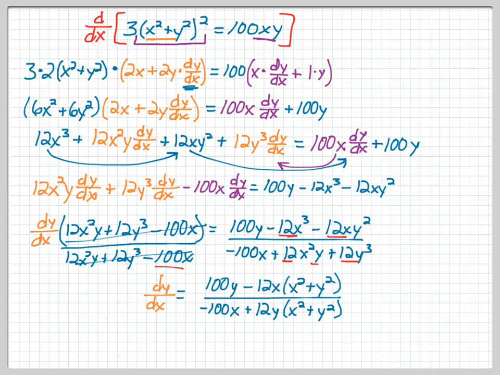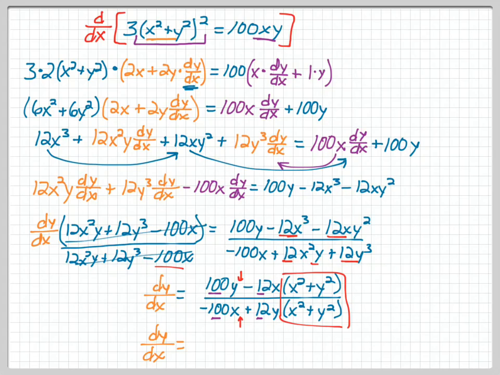Now, wouldn't it be nice if we could do some extra canceling? Look, we've got two things here that are the same in the numerator and the denominator. But remember that this isn't a factor of both parts in the numerator and both parts in the denominator, so that cannot be canceled. However, if we look at the other aspects, we have an x and a y, so we can't just cancel those, but we can look at what's common between 12 and 12, and 100.